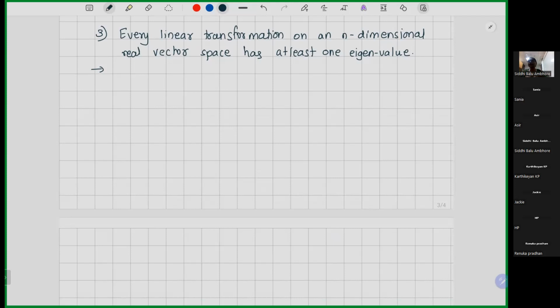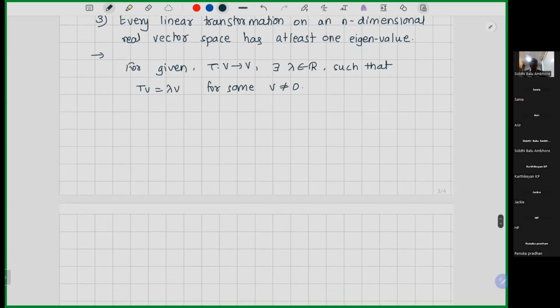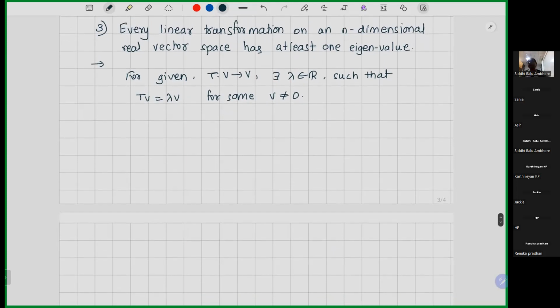So when I say it has at least one eigenvalue, it means that for given T from V to V, there exists lambda in R such that TV is equal to lambda V for some non-zero V, right? So eigenvector means it has to be a non-zero vector.